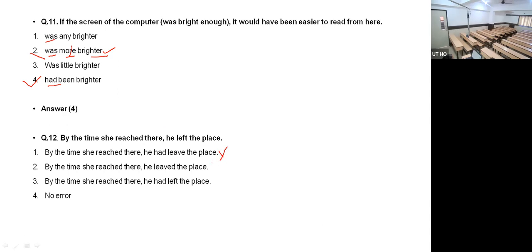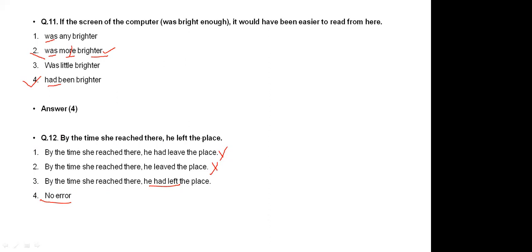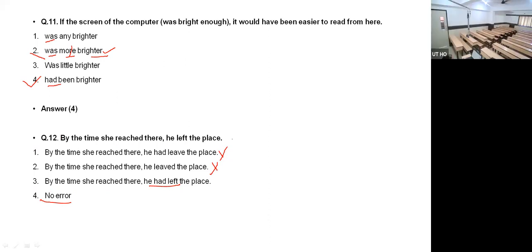"He left the place" is also wrong. By the time he reached there, he had left the place. Or would, now we also have an option of no error. So we go back to the sentence and see if it is correct. By the time she reached there, he left the place. Which one would be better?